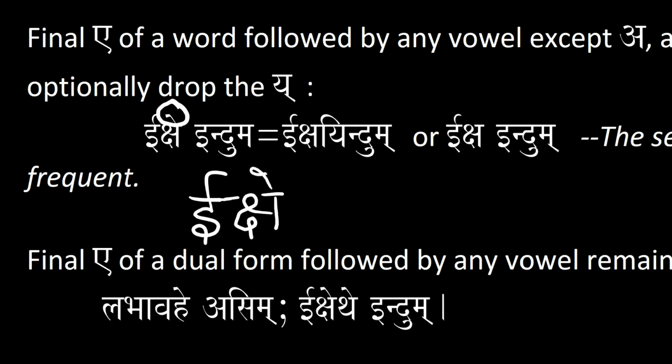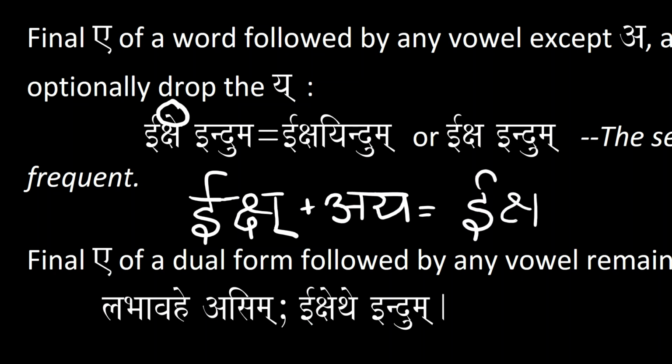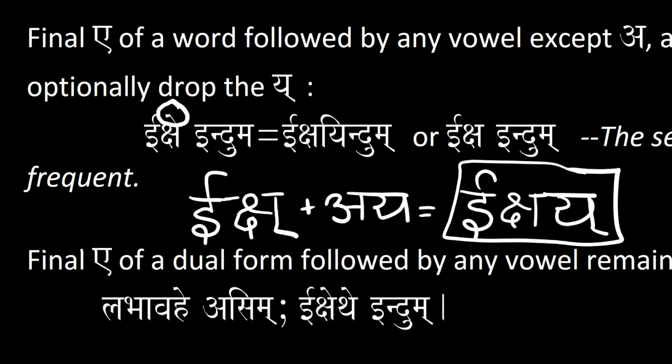Once that e is dropped, then it becomes iksh with the halant plus ay, which is going to give us ikshay. That's what we end up with. And then when you combine ikshay with indum, it becomes ikshayindum.